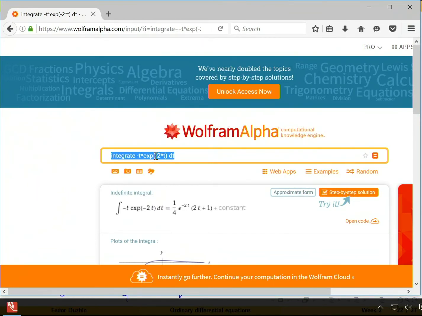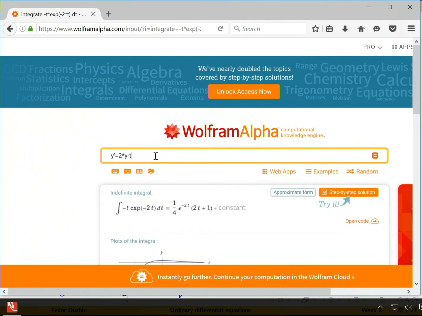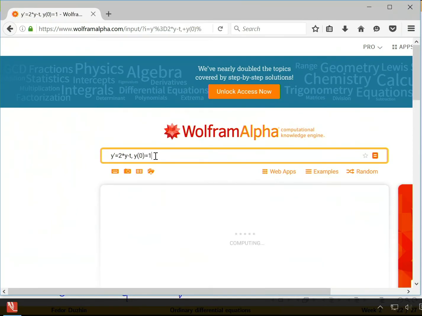Okay, so y prime equals 2y minus t, and y of 0 is 1. Are we going to get the same thing?